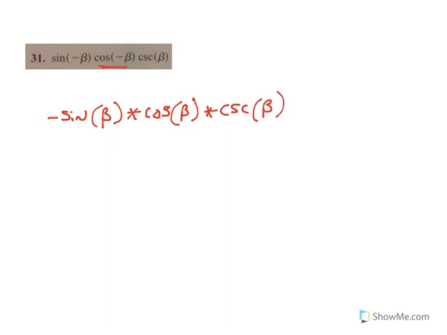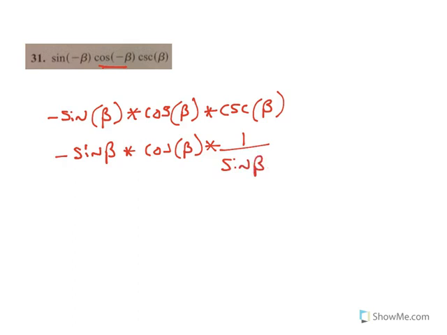And now that all of our angle statements match, now we can use the other identities. So cosecant, we know cosecant is 1 over sine. So let's say this is negative sine beta multiplied by cosine beta multiplied by cosecant. We can switch that to 1 over sine.